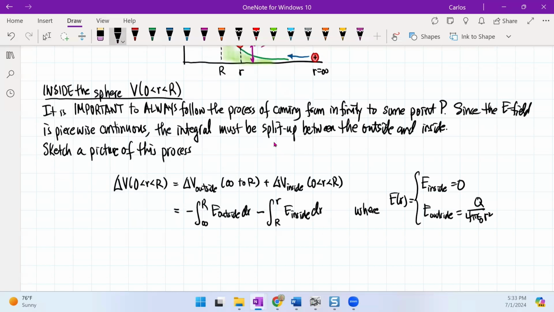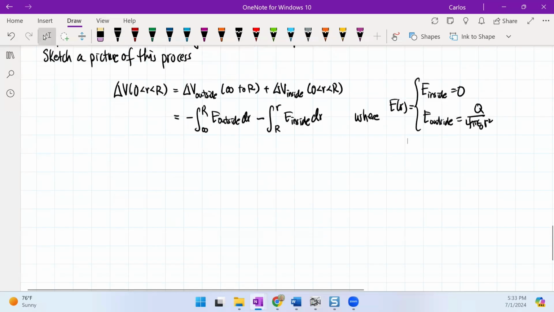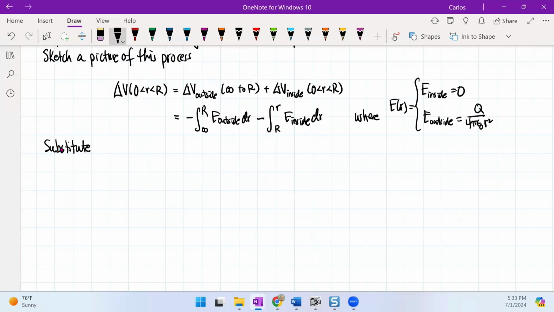So you could see that we have 2 different electric fields, which means that we have to integrate both of these electric fields. So now let's do this. So I'm going to substitute these E fields into the integral.